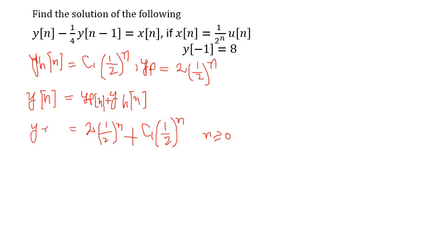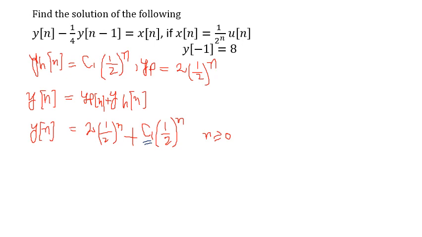Now we are going to find the value of the unknown coefficient, that is c1. Once we find this one, then it will be the complete solution. So c1 can be obtained from the initial conditions given.